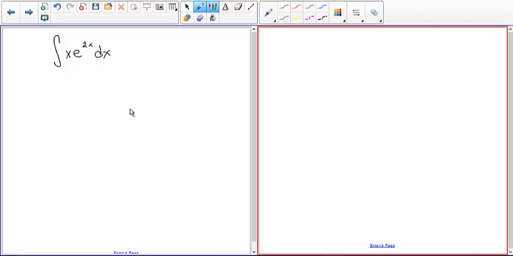So that's what you're looking for. And then dv is this second part. So dv is equal to e to the 2x dx, which you can integrate, like we were just talking about. You can use u substitution, but the integral of e to the 2x dx is 1/2 e to the 2x, so that'll give you v, and then you can do the derivative of that, which will give you the du part.